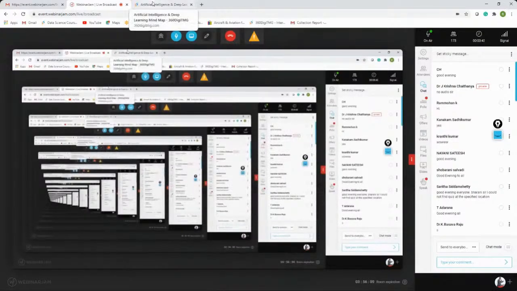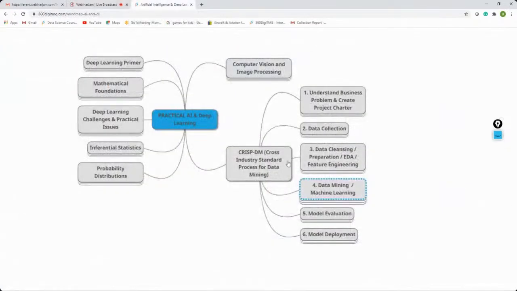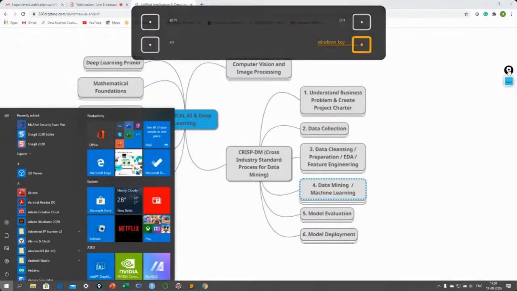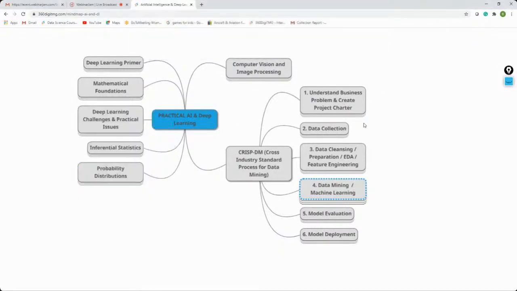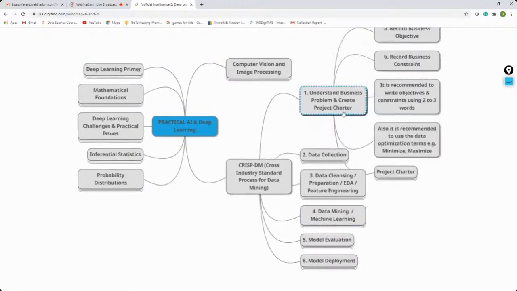Okay, so we started off by discussing CRISP-DM. CRISP-DM stands for Cross-Industry Standard Process for Data Mining, which happens to be one of the standard techniques in handling any of your AI, data mining, or data science projects. The first step is understanding the business problem.